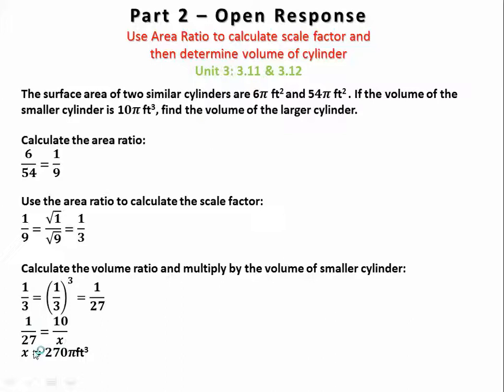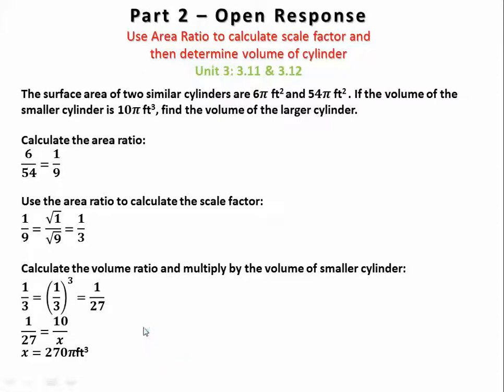So 1 times x is x, and 27 times 10 is 270, and now I'm going to put that pi on there. I left pi off before because I really didn't need it until the end. So 270 pi feet cubed is the volume of the larger cylinder.